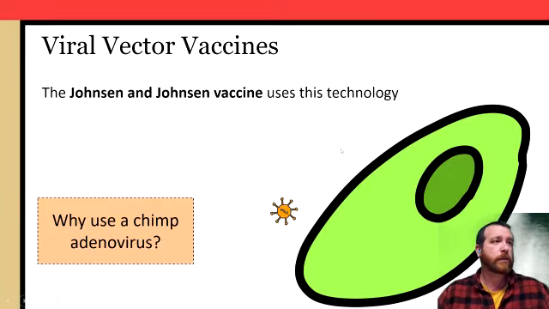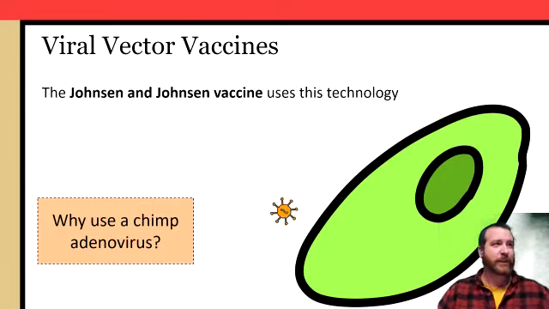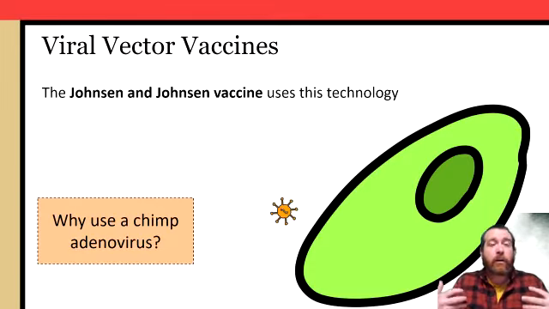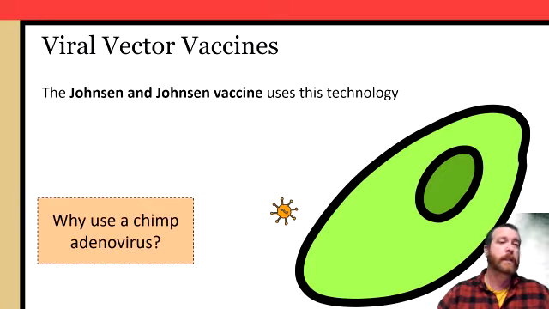And I think Justina and Laura are on the same page. I have 3 young kids, so I have been exposed to every human adenovirus that I think is probably on the planet. I already have antibodies and T cell responses to most of the human adenoviruses. If I were exposed to an altered version of this Johnson & Johnson vaccine that used a human adenovirus instead of a chimp adenovirus and scooped out the contents, I would have an immune response against that, and I would probably kill that virus before it came anywhere close to my cells.